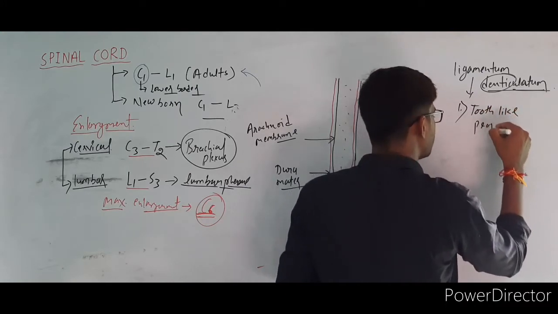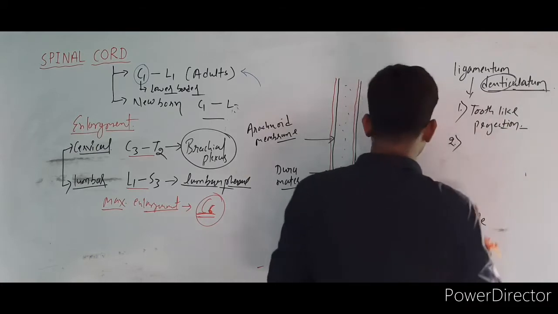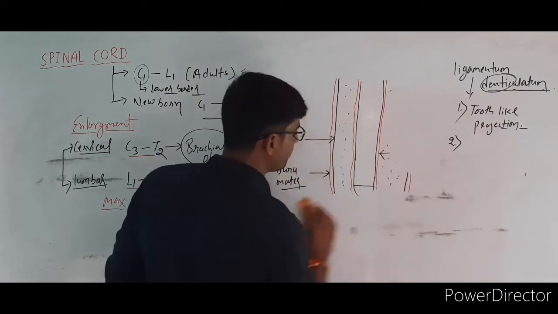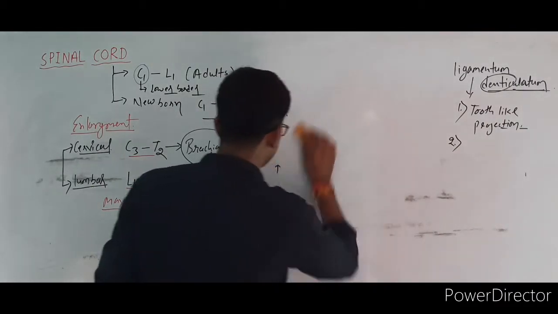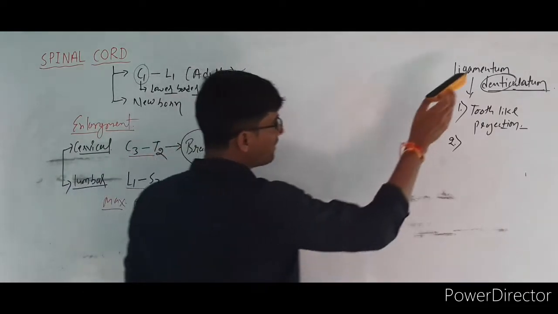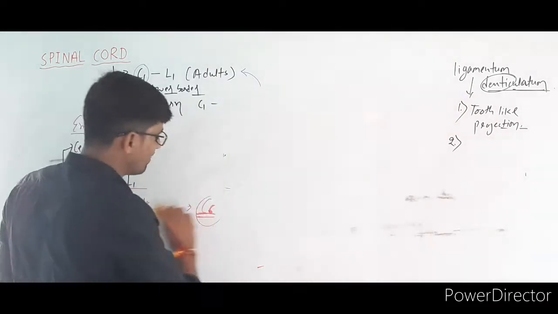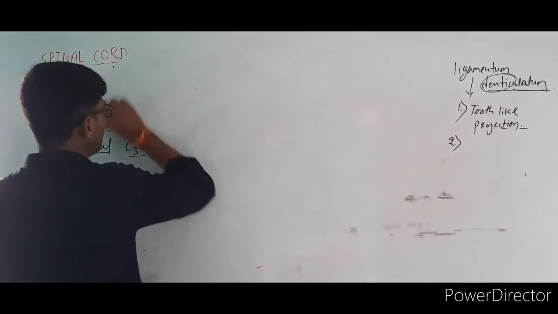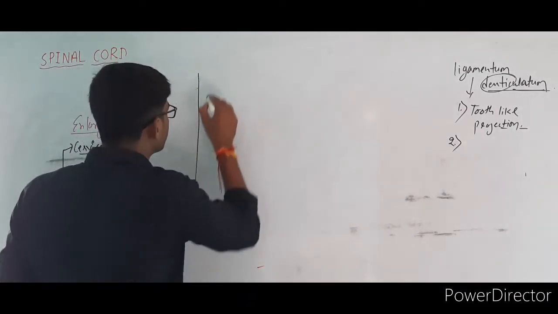Tooth-like projection. I will draw the diagram and I will tell you. Let me draw one diagram so it will be easy to understand what this ligamentum denticulatum is. This ligamentum denticulatum is a modification of the pia mater, right? Suppose this is your spinal cord.